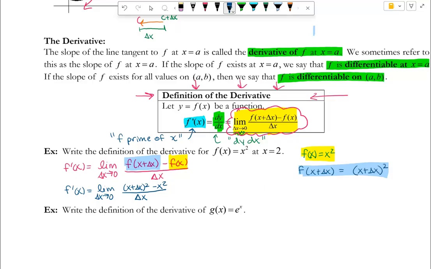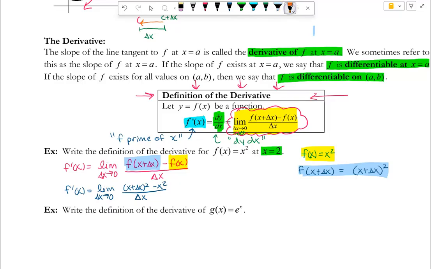We have one more piece to consider. We were actually told to do this specifically for the value where x is equal to 2. Well, that just means that we're going to make all of our x's 2's, not our delta x. Delta x is not the same as x. That's our change in x.